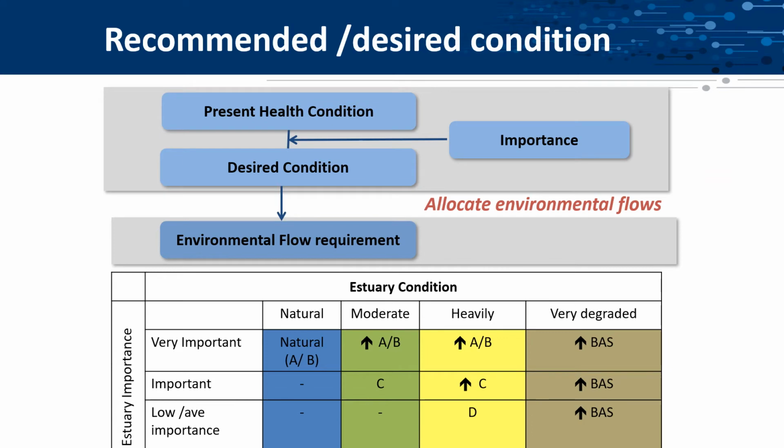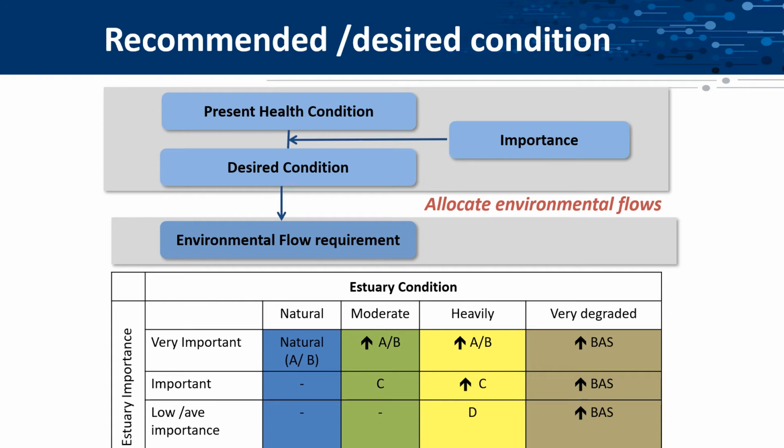So once we better understand the system, we then start looking at the present day condition, the importance of the system and its desired condition. And importance can relate to the biodiversity importance of the system. It can be the conservation importance of the system. It can be the importance of the system in terms of its ecosystem services, or even cultural importance.